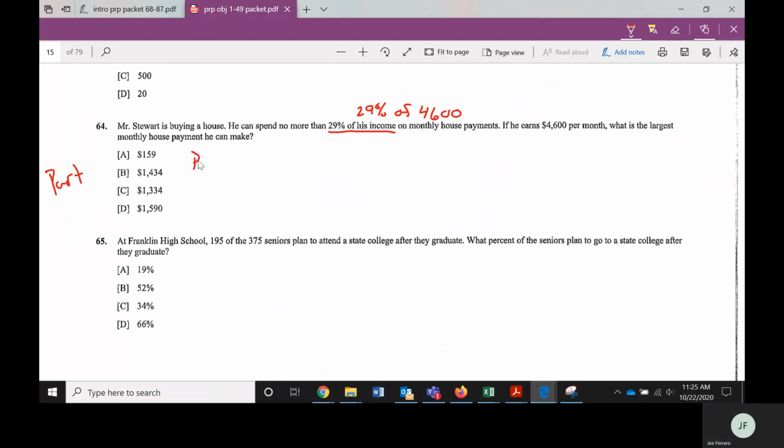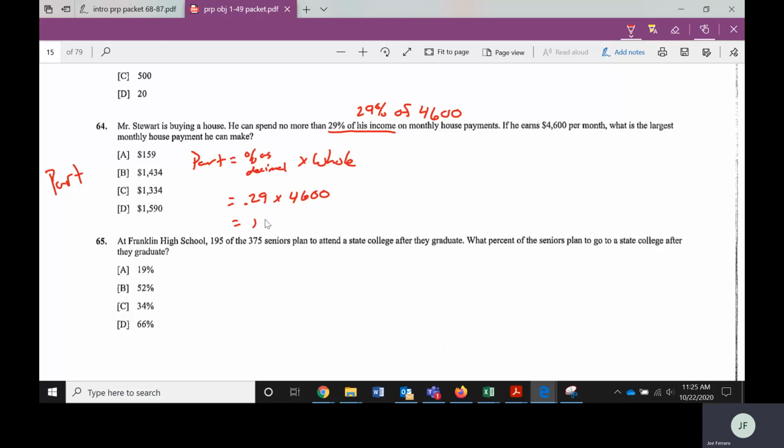So again, we should have this above. Part equals a percent as a decimal times the whole. So 0.29 times 4,600. Let's take your calculator.